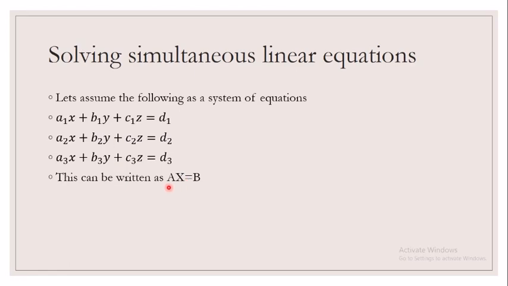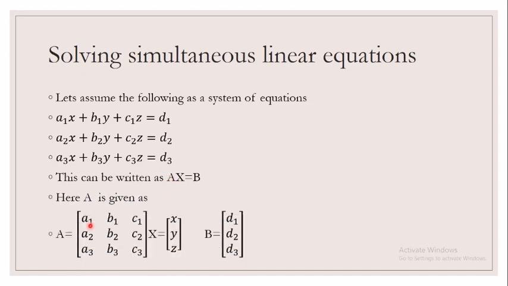Now let's have a look at what the matrix A is. Here A is given as a1, b1, c1, a2, b2, c2 and a3, b3, c3. Now what is this matrix? What are the elements inside this? Yes, it is nothing but the coefficients of x, y and z. And there are two more matrices.